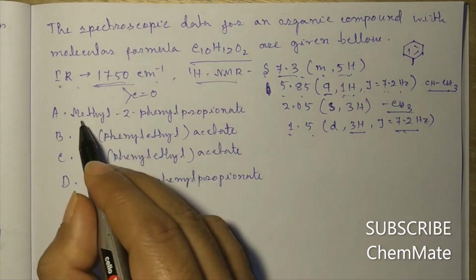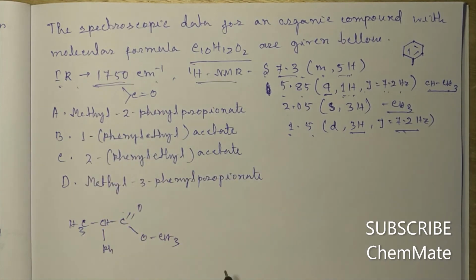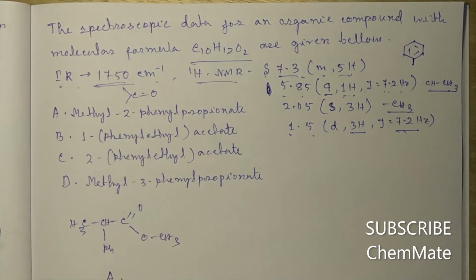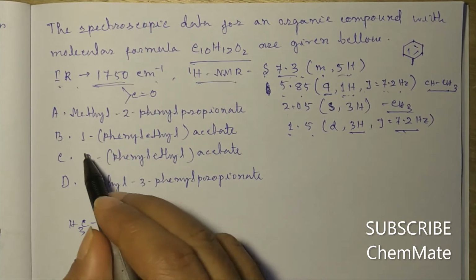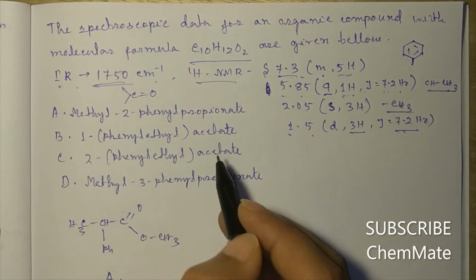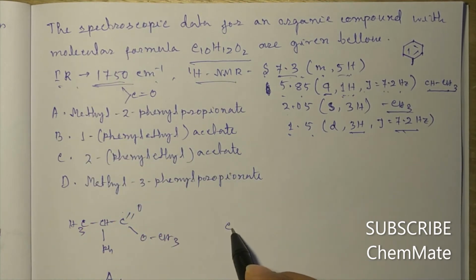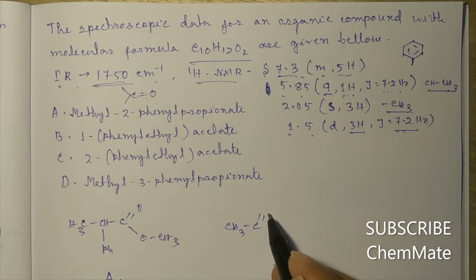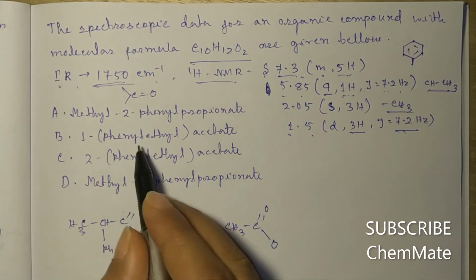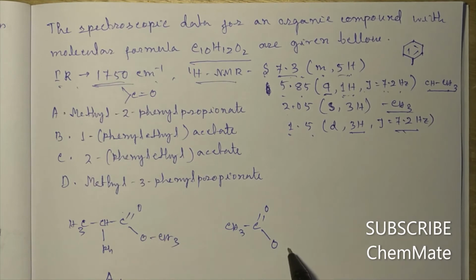This is A. Now B, 1-phenyl ethyl acetate. Acetate means acetic acid ester. 1-phenyl ethyl means CH, CH3, Ph. This is 1, 2, so 1-phenyl ethyl group is there, and this is the acetate ester.